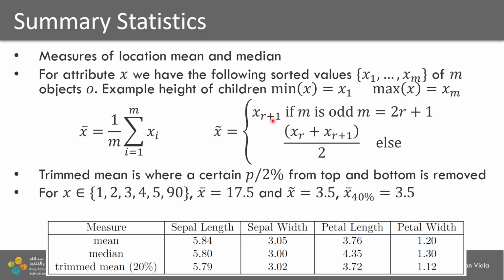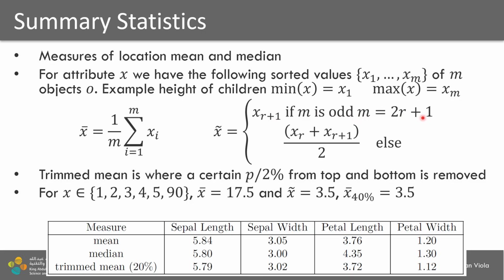And then for r plus 1, we will find out, in the sorted array of the attributes, which x is at position r plus 1, from 1 to m, and that one will be our median.